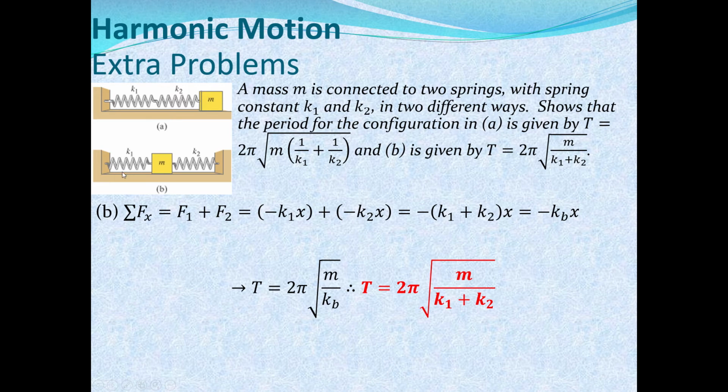But this spring is being compressed, so it's not going to pull it towards itself, it's going to push it away, which is to the right. So both of these, when this gets moved, will push it in the same direction at all times. That's why we can get away with treating this as if both springs were on the same side.